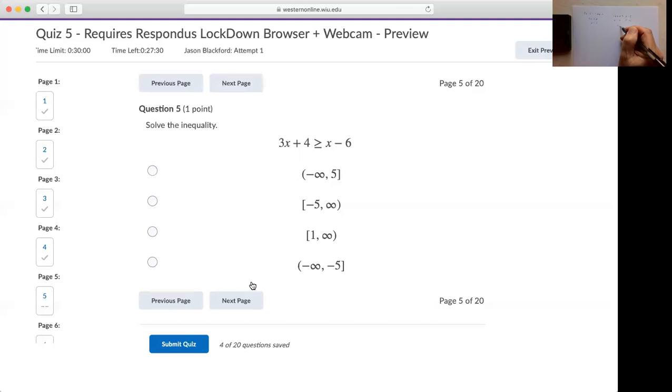So we get 2x is greater than or equal to -10, divide by 2, and we get x is greater than or equal to -5. Okay, so this is the same thing as being from -5 to infinity.